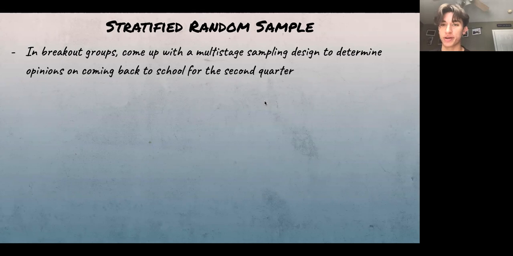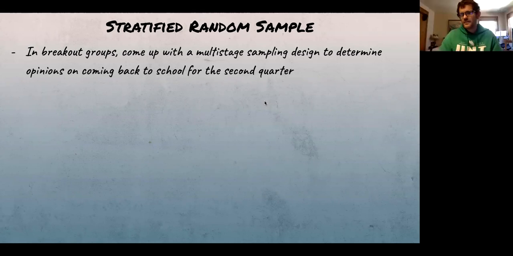Seniors want to have their senior year, freshmen want to have their freshman year. So I definitely like that idea, the stratified, and maybe we just leave it at stratified, and within the different levels, we just randomly select seniors, juniors, sophomores, and freshmen. But that's a fair design.